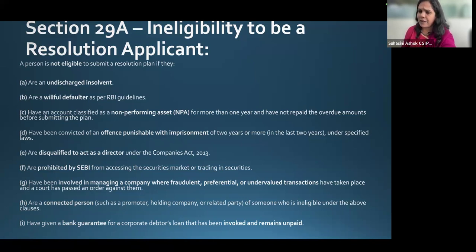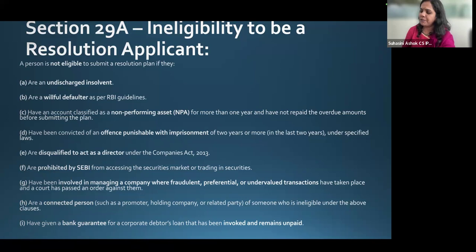The promoters were coming to the market at significantly undervalued prices. This was mostly a buyback of their own companies for a very minuscule amount through the backdoor. So the core principle behind the Section 29A amendment was the clean hands doctrine.